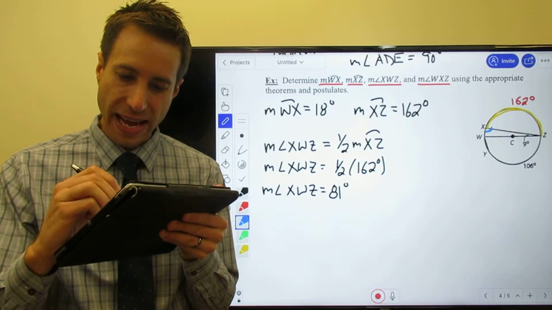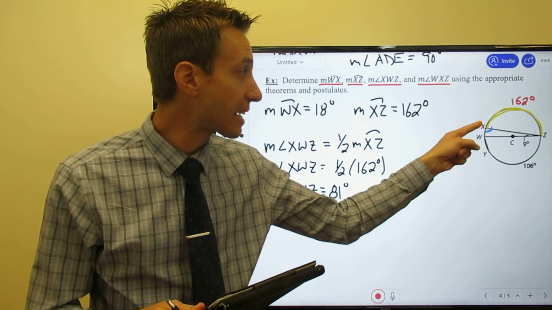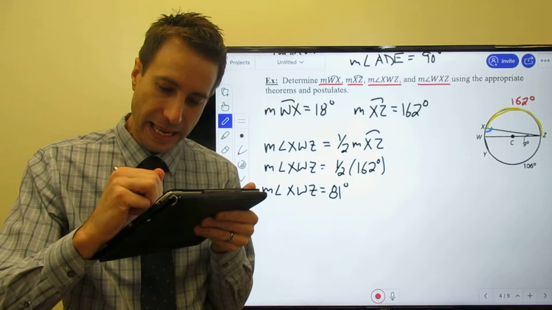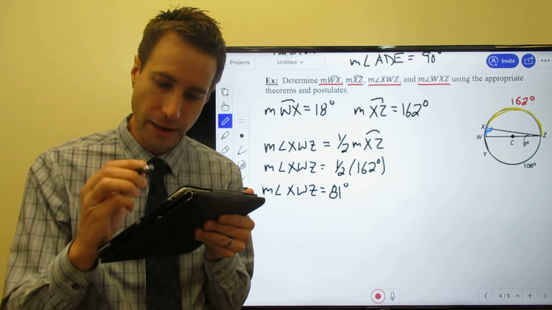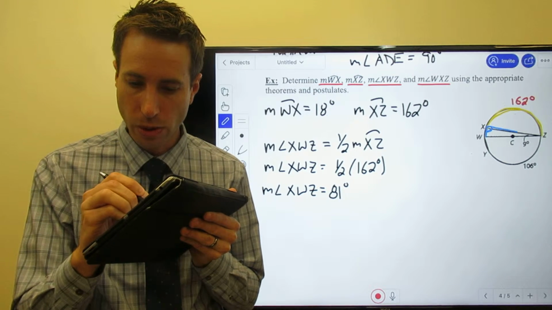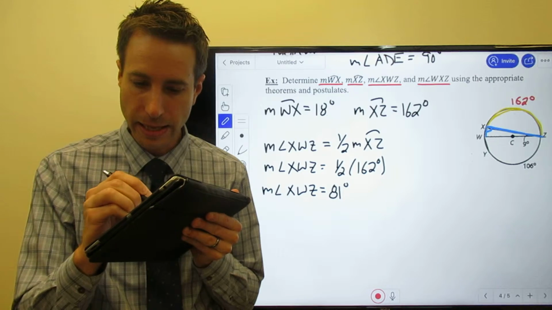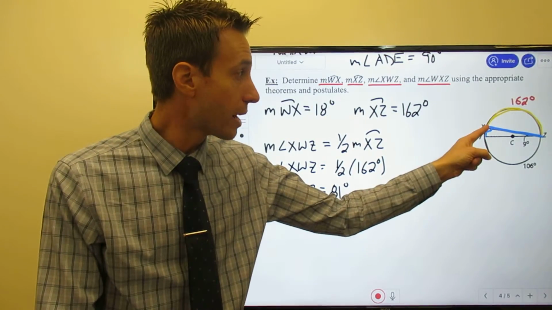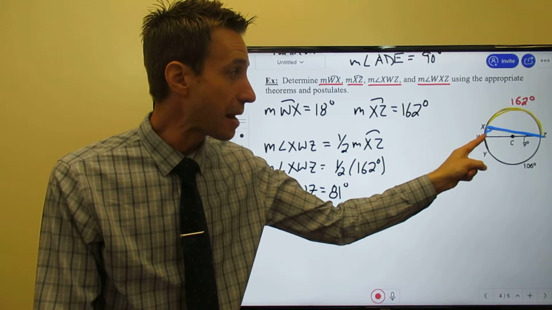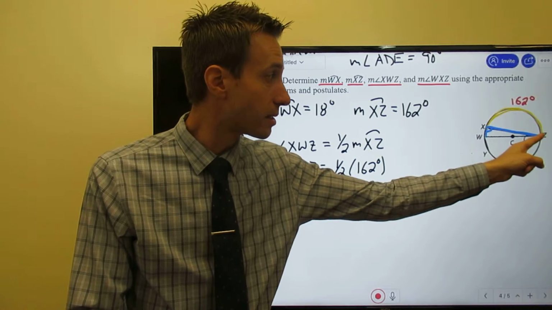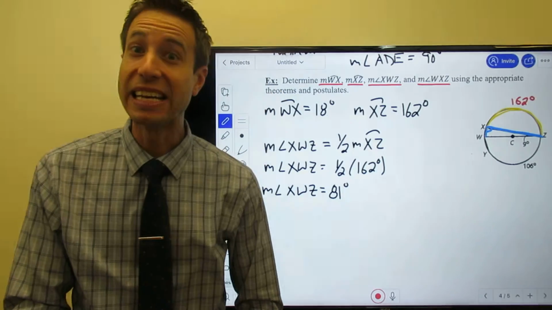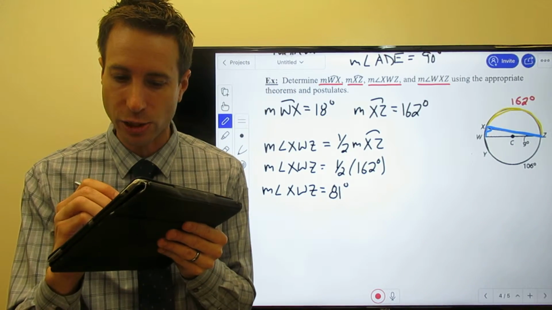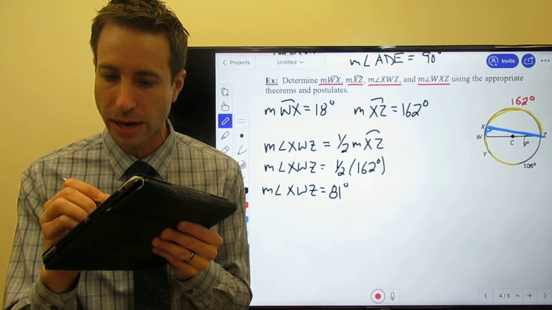Please notice that if X is the inscribed angle, it has this chord right here and this chord right here. Please notice that chord X to W, that endpoint is on a diameter. X to Z, that endpoint is on a diameter, which means it sweeps out this arc right here.